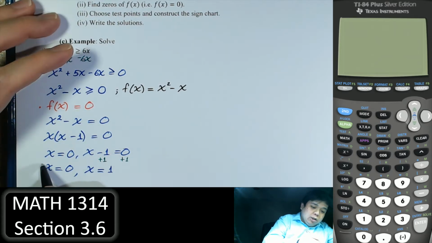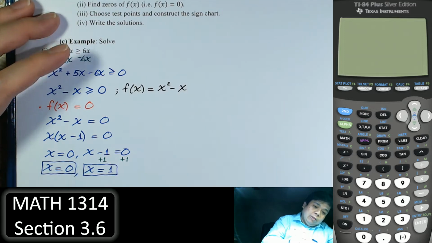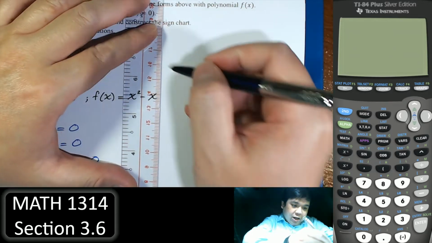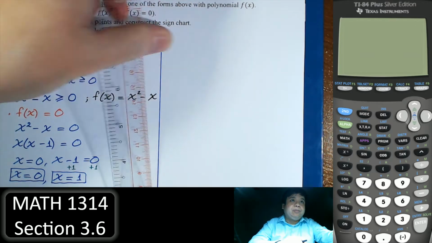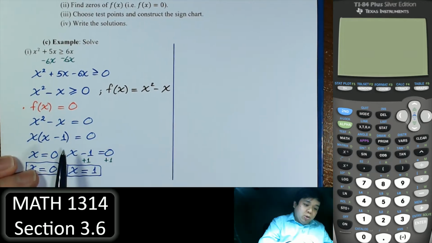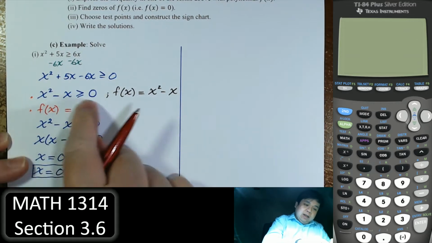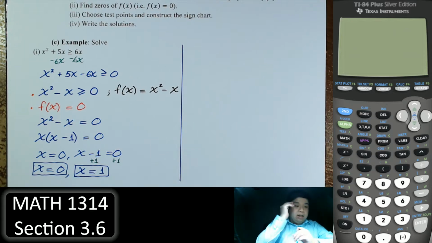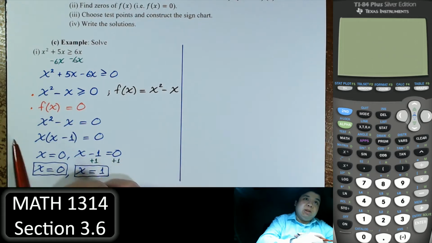Right? So we have x equal to 0 and x equal to 1. So we just going to write that over here, so we will see the whole problem on one screen. Right, so make sure it is in the right form, polynomial on one side, 0 on the other side, and then solve for the 0 of the polynomial function, 0 and 1.